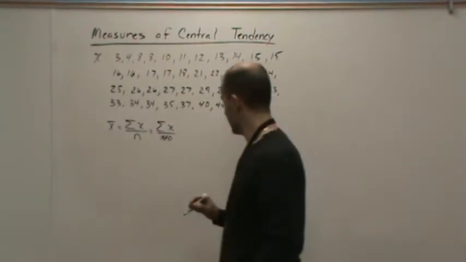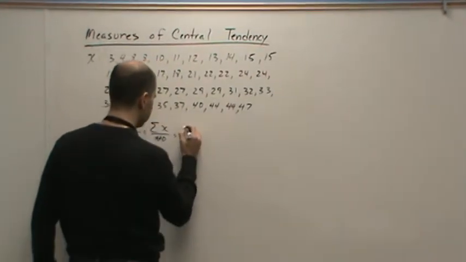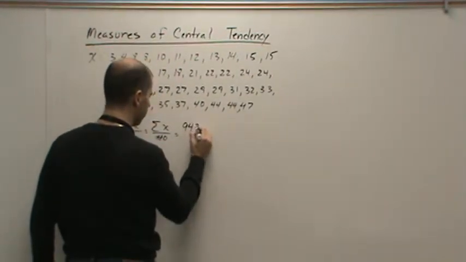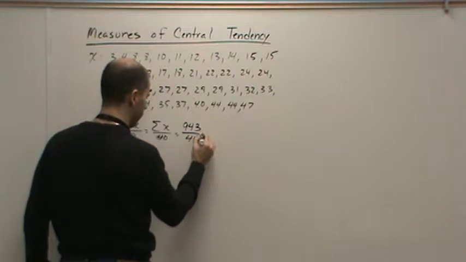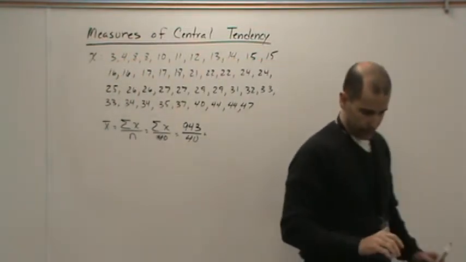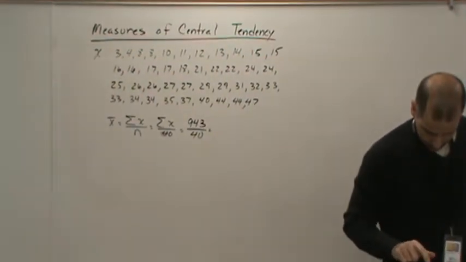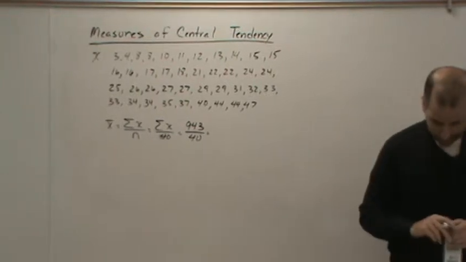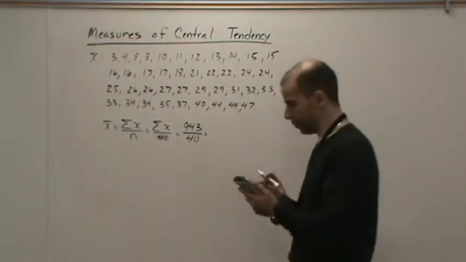So I get 943. So what I end up with is 943 divided by 40. And if I divide by 40, I get an average of 23.